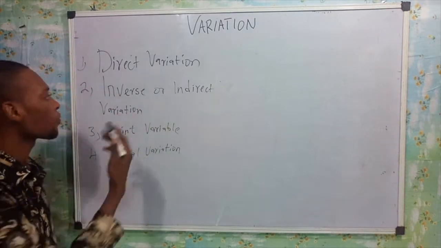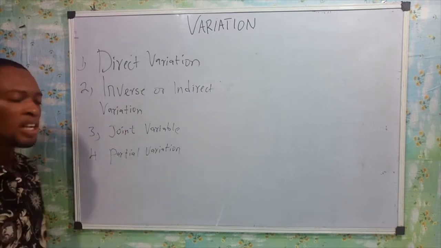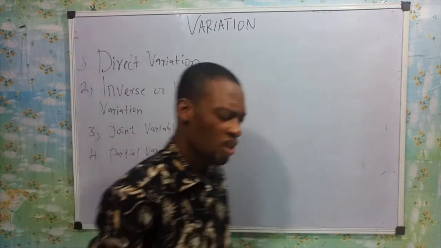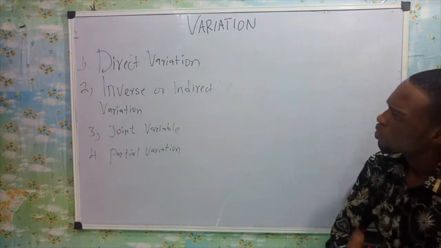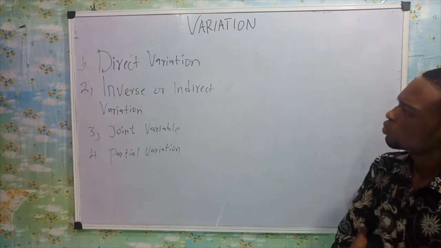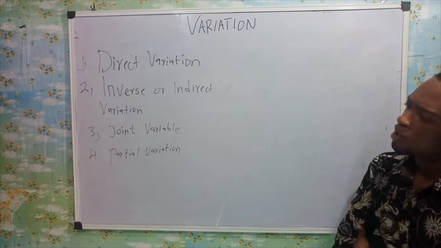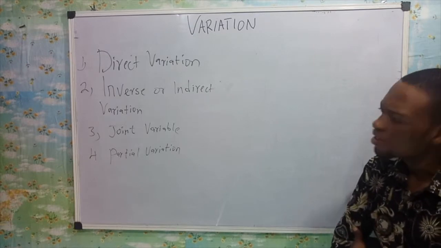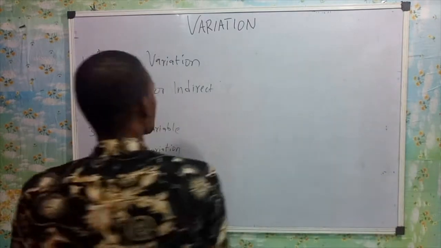Direct variation, inverse or indirect variation, joint variation, and partial variation. Now, a question comes to mind. What is direct variation? What is inverse variation or indirect variation? What is joint variation? And what is partial variation? Now, let's find out.